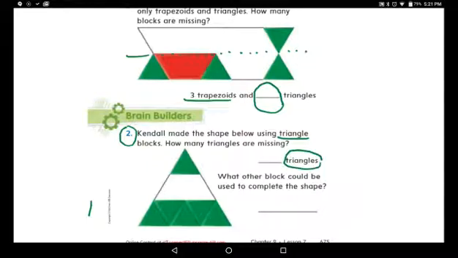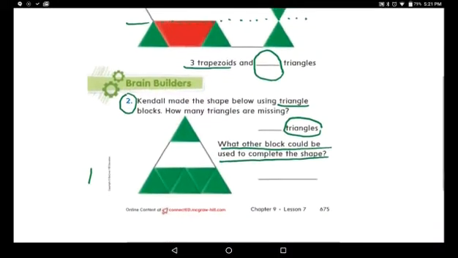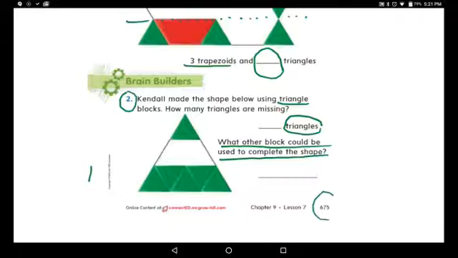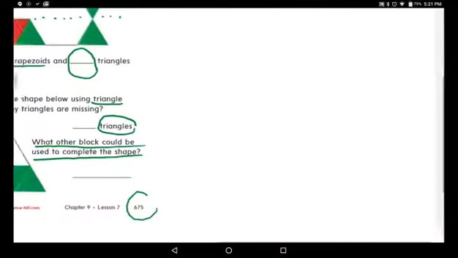Okay, then what other blocks could be used to complete the shape? It's a really smart question for my smartest students that I'm really sure you will solve. When you're done, guys, move to the next page, which is 676.